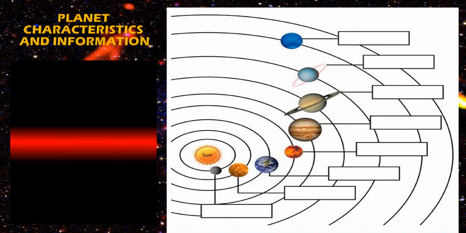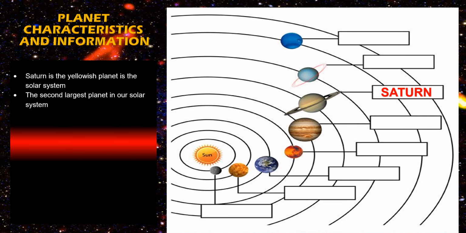The next is Saturn. Saturn is the yellowish planet in our solar system. It is the second largest planet next to Jupiter. Saturn is the sixth planet from the Sun, at a distance of about 1.4 billion kilometers.